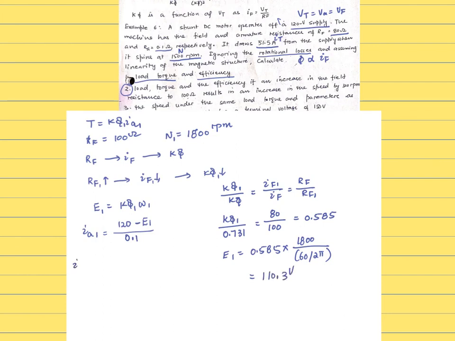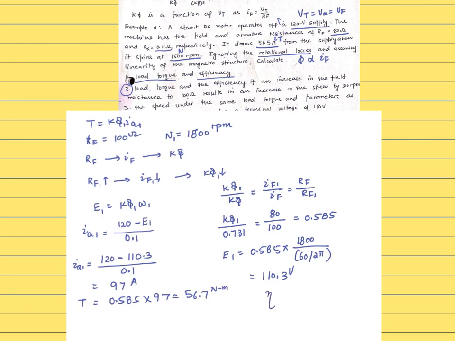So I'm going to go in here, 120 minus 110.3 divided by 0.1. So IA1 is 97 amperes. So then T is going to be K phi 1, 0.585 times 97. And that gives you 56.7 Newton meters. So that's the torque. And what else?